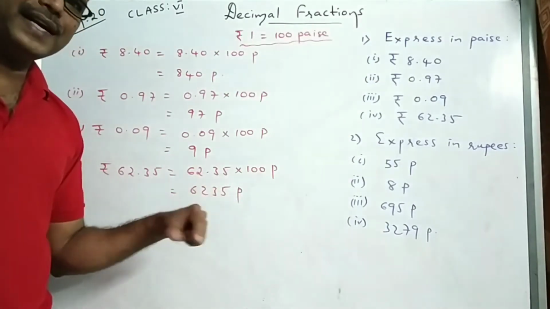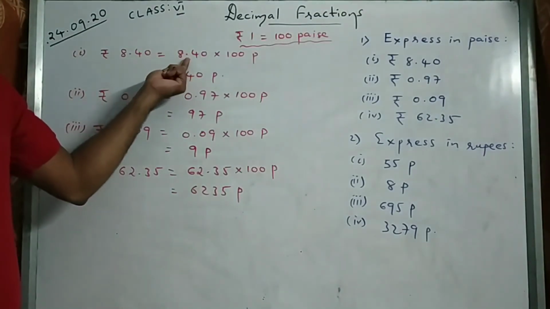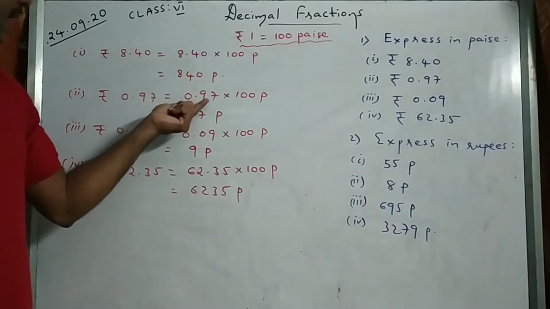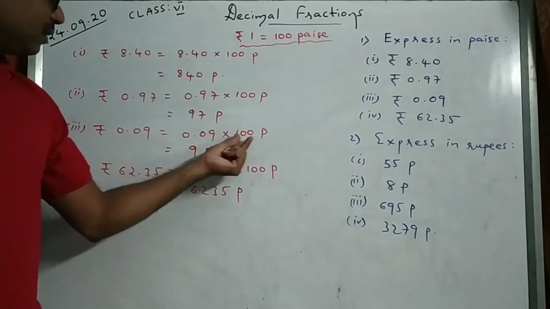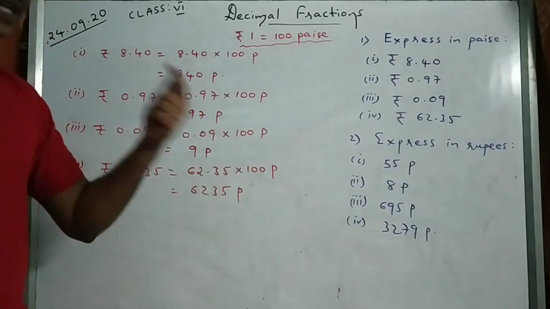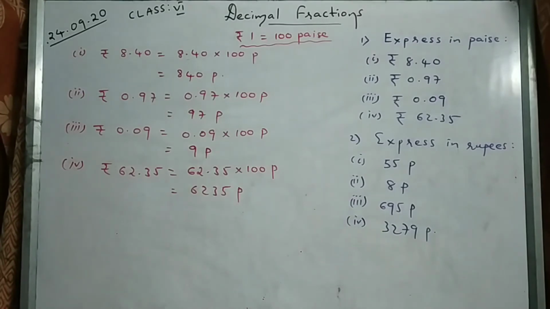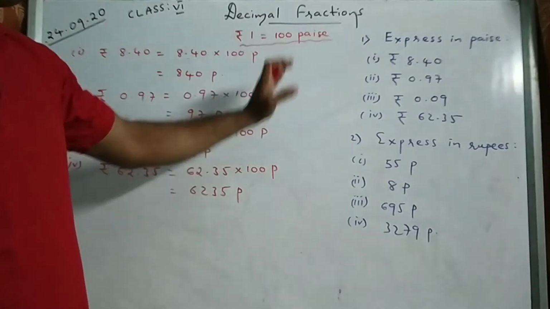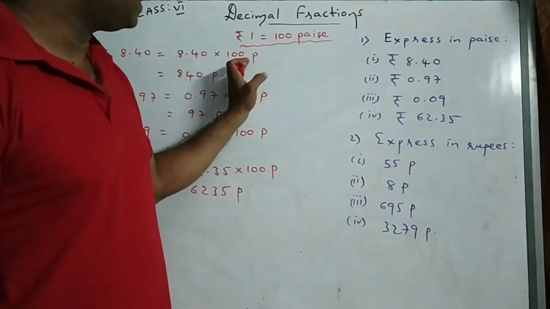You need not keep a decimal point. So what should you remember here? To change rupees into pies, we have to multiply with 100.